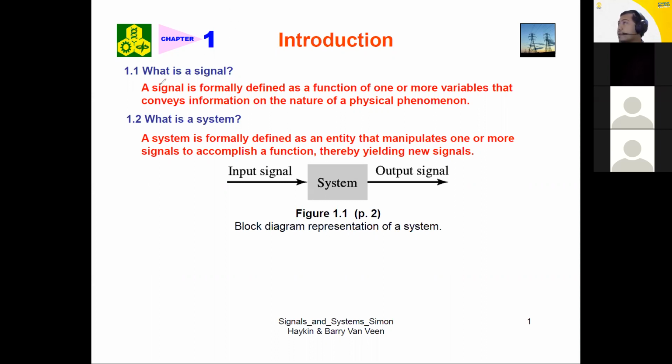What is a signal? Formally defined as a function of one or more variables.